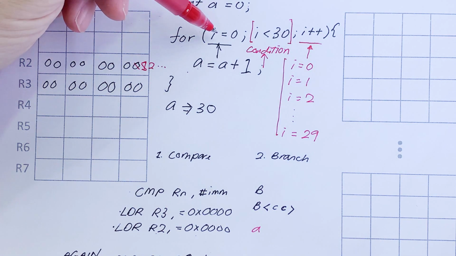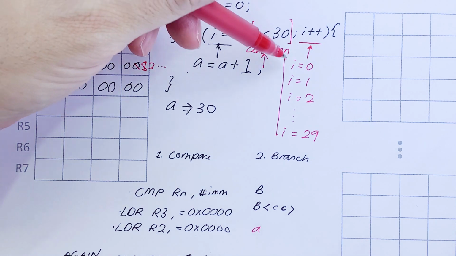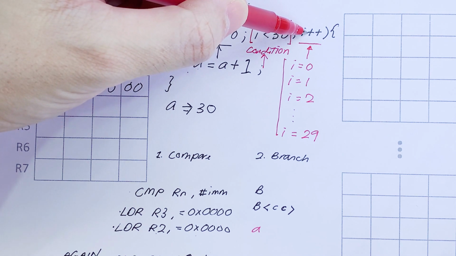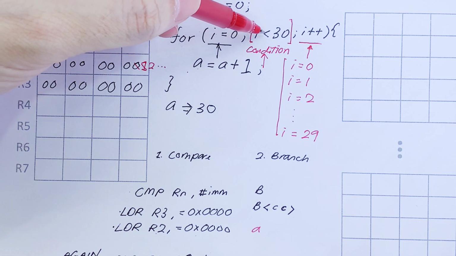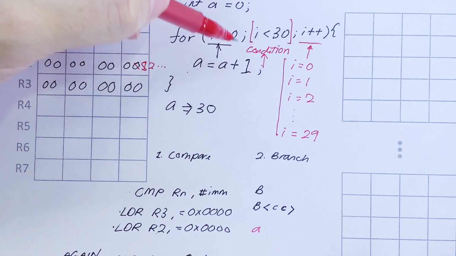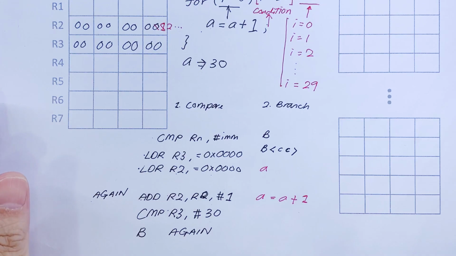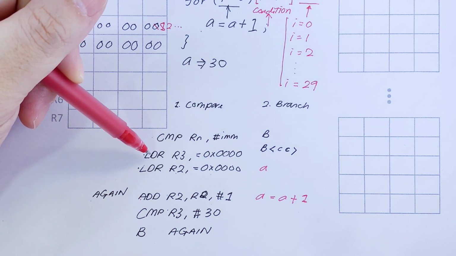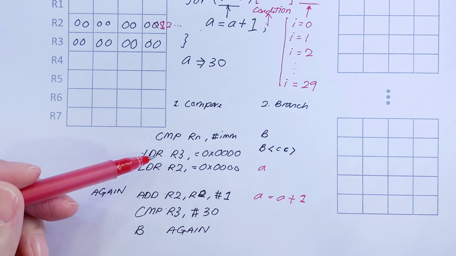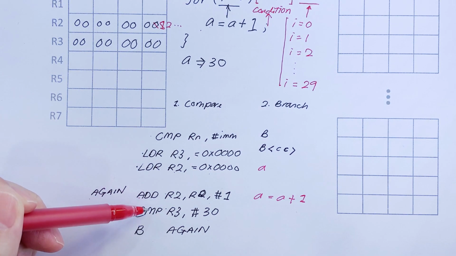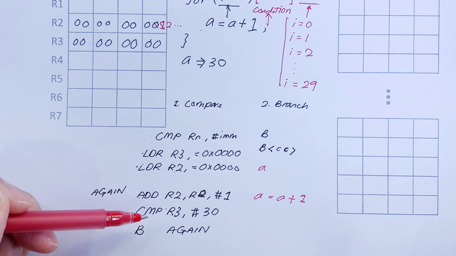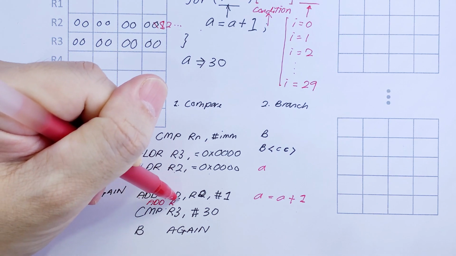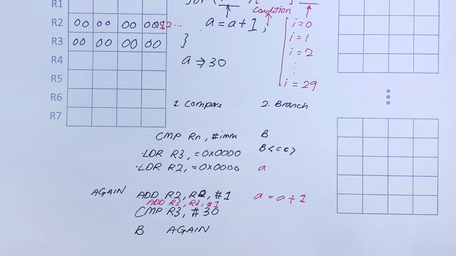In the for loop, I starts with 0, and after the process in the loop, I increases by 1, and as long as I is less than 30, the loop will continue. So as you can see, we did start R3 with 0, but we never increased R3 in our loop, although we did compare R3 with 30. So what we need to do is add R3 with 1.